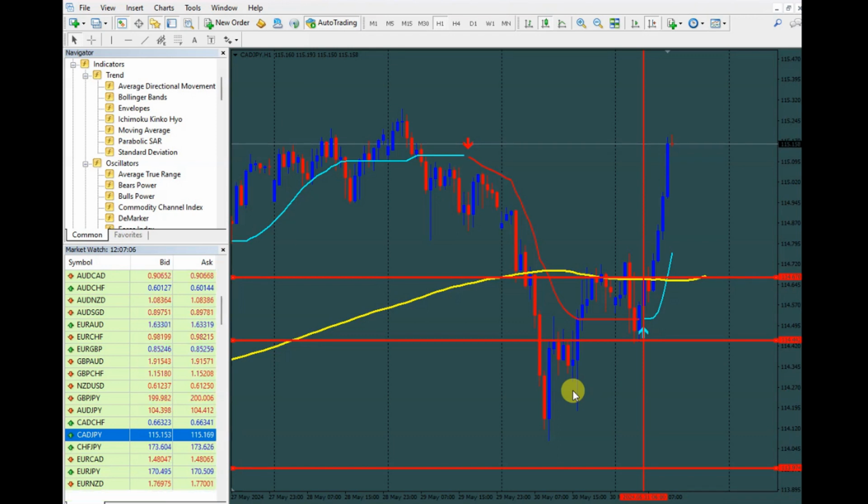Then you use the Pro Trading Assistant Trender, which gives us the buy or sell bias. So once we are above the 200-day moving average, you know that you are only looking to buy. And if the price is below the 200-day moving average, you are only looking for opportunities to sell.